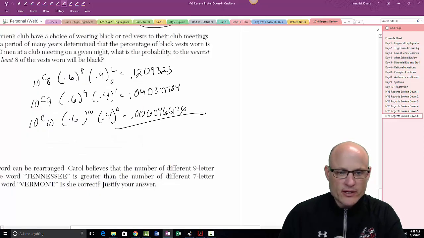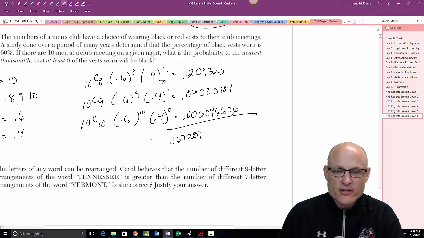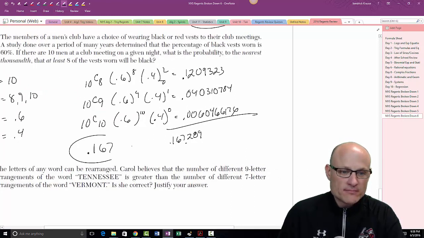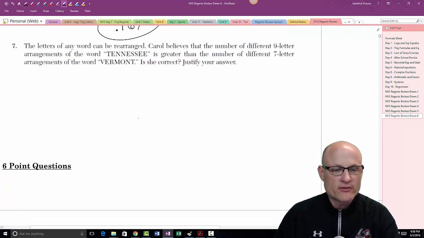Yes, 0.167289. So 0.167289 rounded to the nearest thousandth, 3 decimals. So my answer is 0.167. All right, since there's only one small question left and it's pretty easy, I'll just do this one last.